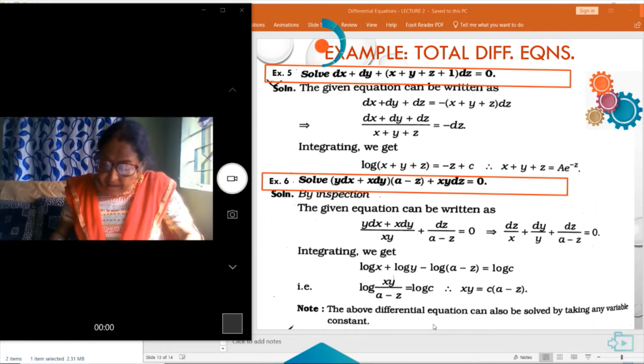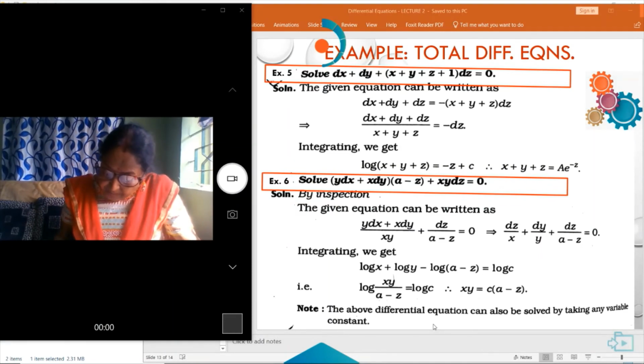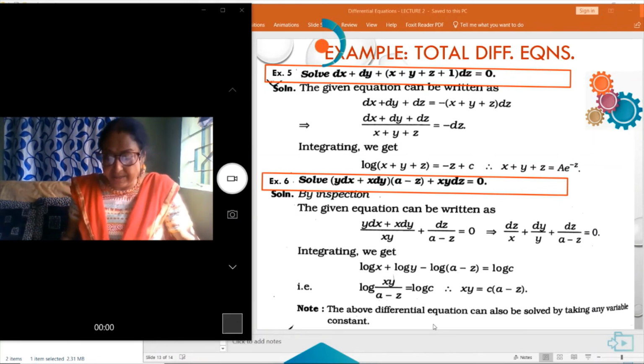So after calculation this becomes dx by x plus dy by y plus dz by a minus z is equal to 0. Integrating, we get log x plus log y minus log a minus z is equal to log c. So after calculation, we get xy is equal to c into a minus z.